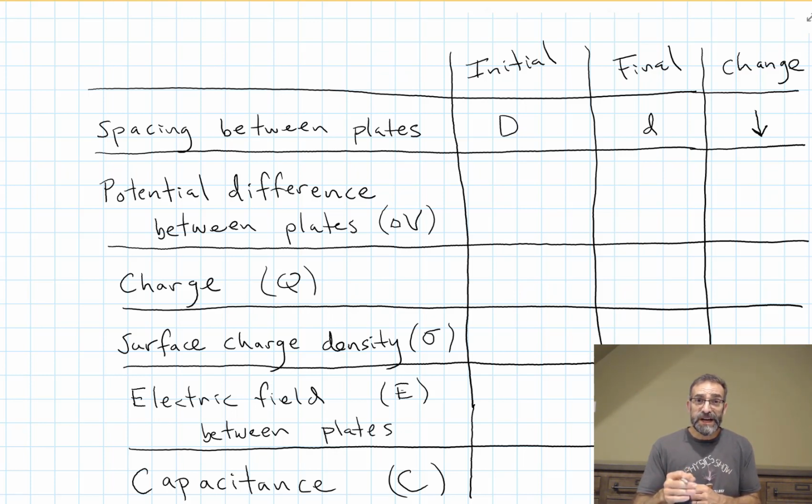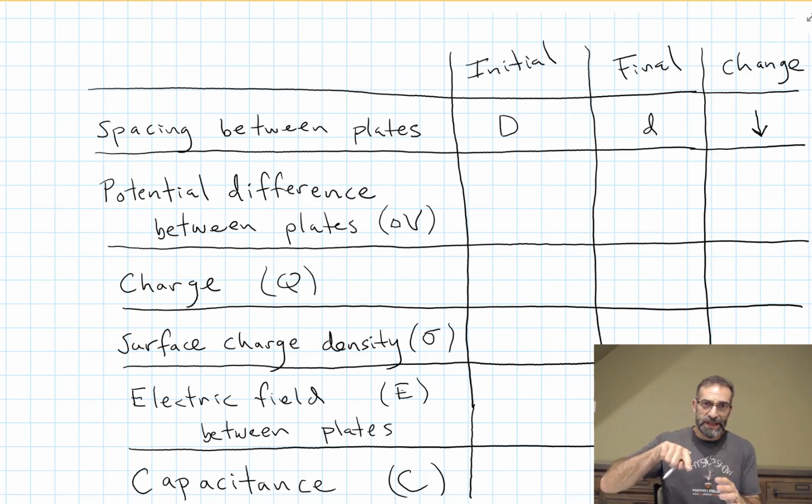The key here is understanding the order that things happened. This capacitor was hooked up to a battery and it charged up, and then it was removed from the battery. It is isolated. So there's no place for the charge to go. As we mess with it, the charge is fixed. It cannot change. There's no connections.